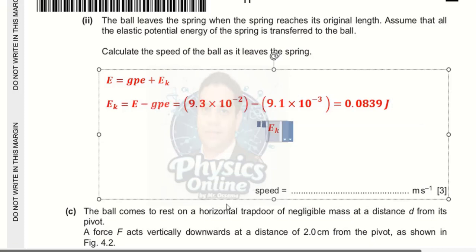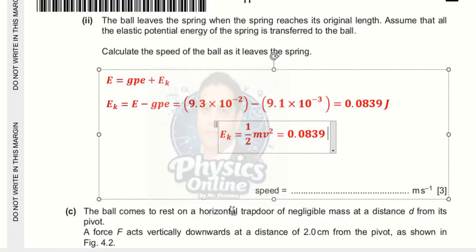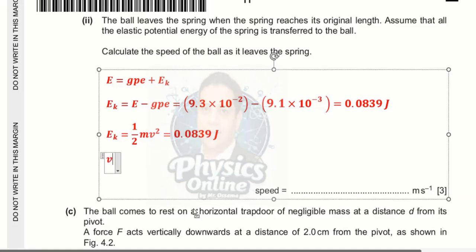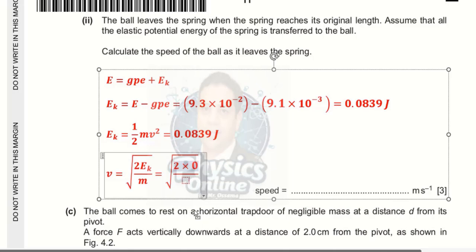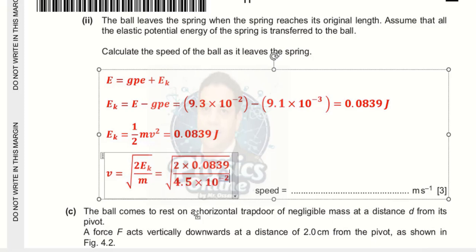So the kinetic energy, half m v squared, equals 0.0839 joule. We rearrange this equation to find v, the speed. v equals the root of 2 times the kinetic energy divided by m, which equals the root of 2 times 0.0839 divided by the mass, 4.5 times 10 power negative 2, which equals about 1.93 meter per second. Final answer 1.9.